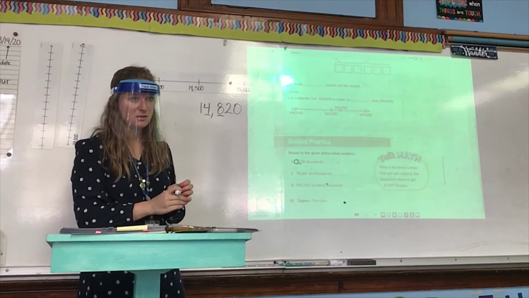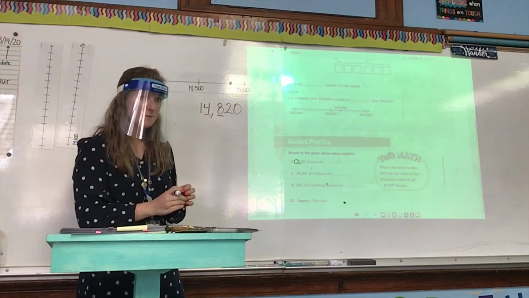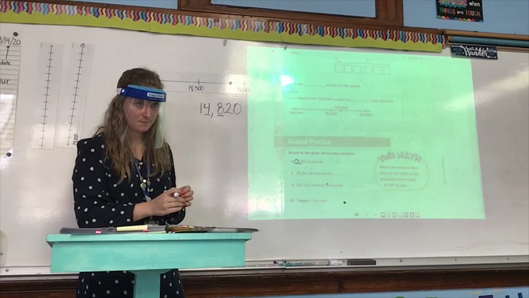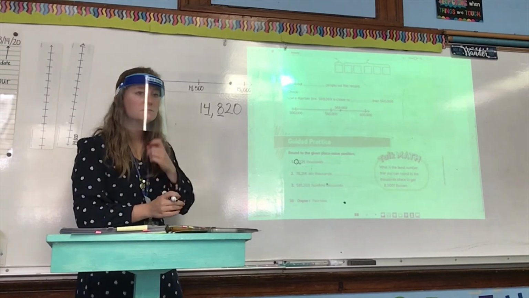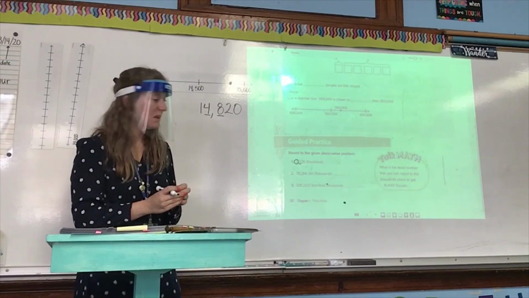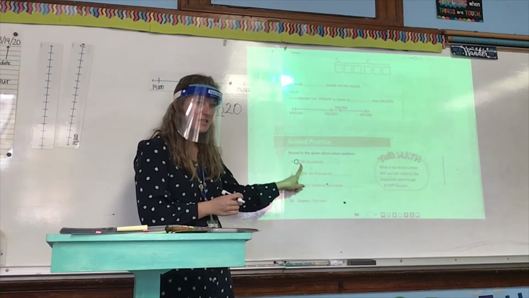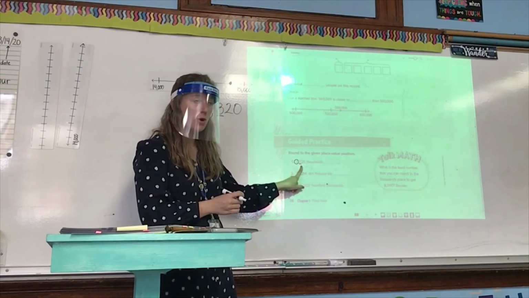If the underlined digit is 4 or less, do not change the circled digit. If the underlined digit is 5 or greater, add 1 to the circled digit. So basically, step 3 is: is this underlined digit 4 or less?